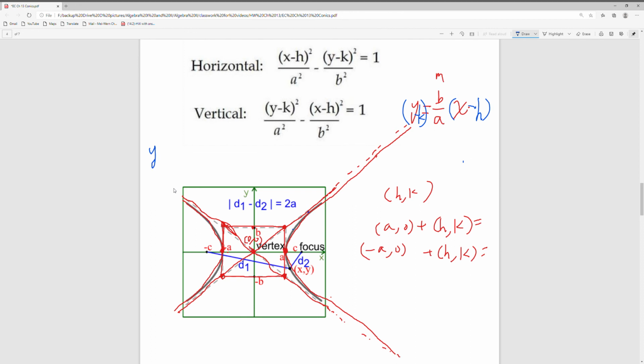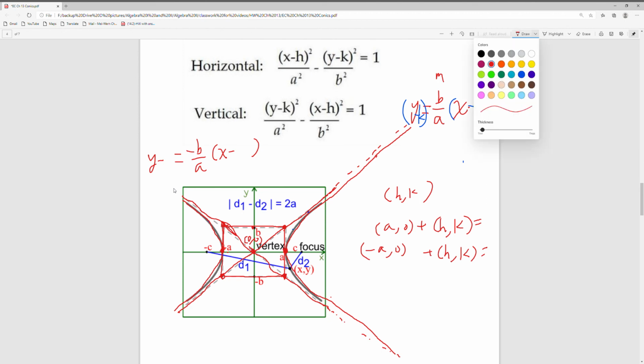The other, oh, let me change color. The other asymptote is negative B over A x, and you need to use x minus h, y minus k.